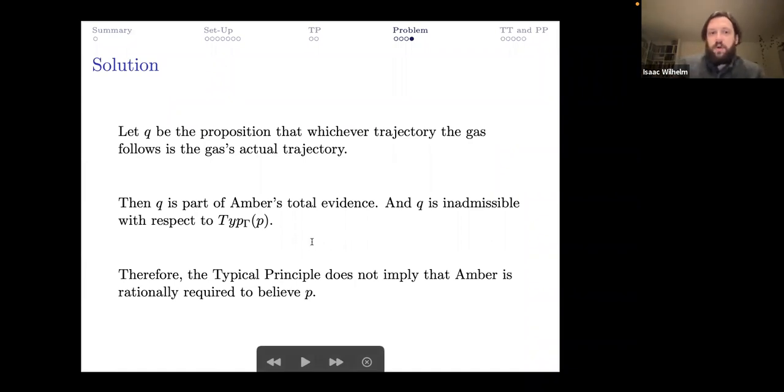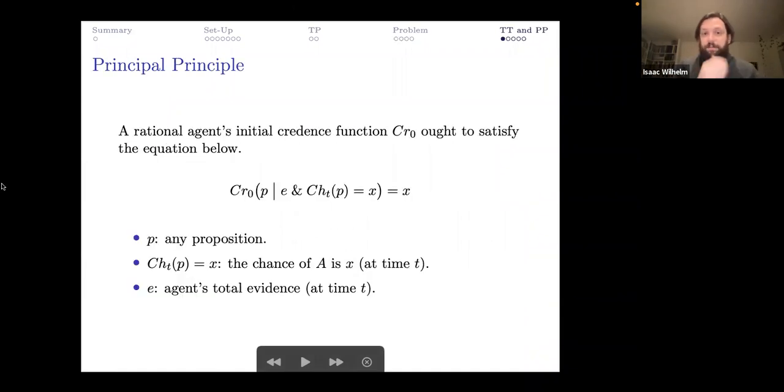Okay. So the last thing I wanted to mention, and in some ways, I think this is one of the niftier features of the typical principle, is that it can be used to derive a very large swath of the verdicts of the principle. And in my mind, that is the feasible evidence for thinking that the typical principle is the more fundamental principle of rationality.